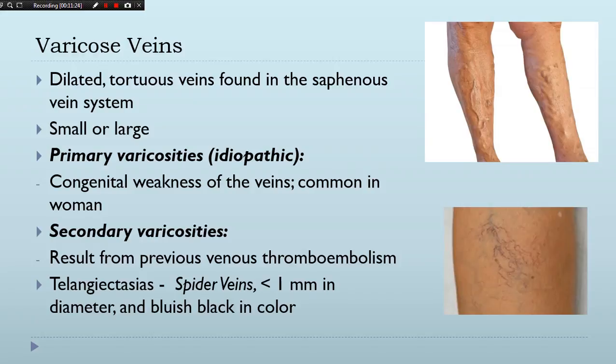So if somebody has had a DVT in their lower extremity, it's going to induce the development of varicosities. The smaller veins that are not necessarily painful, but they're more unsightly, are spider veins, and they're typically less than 1 millimeter in diameter, and they usually have a bluish-black color to them.